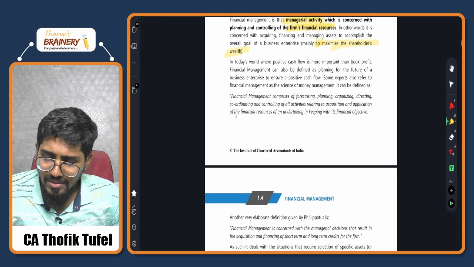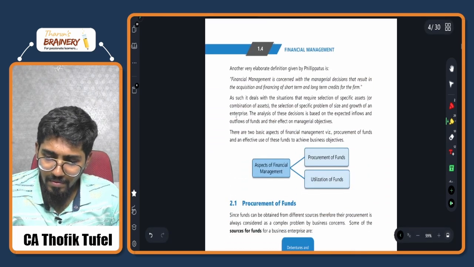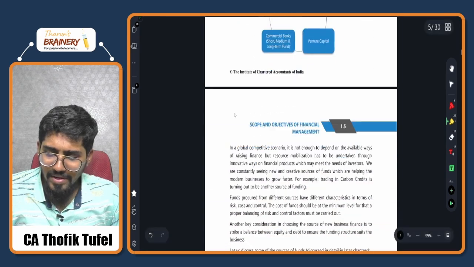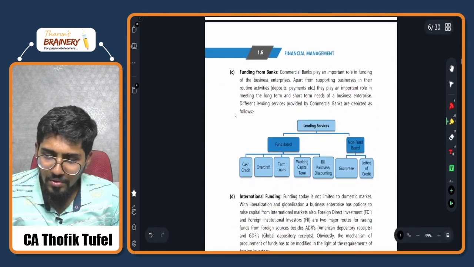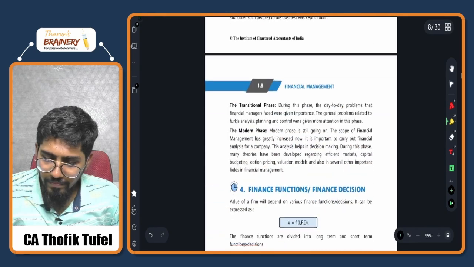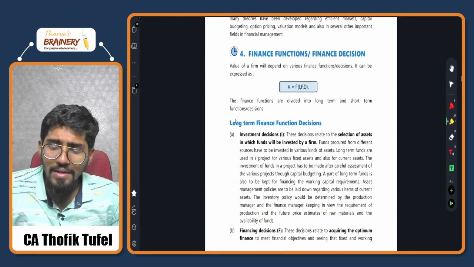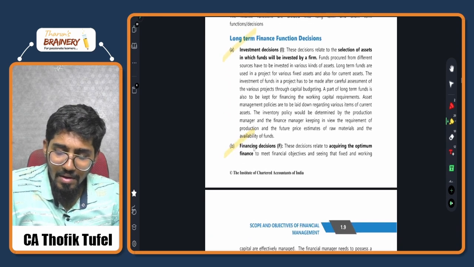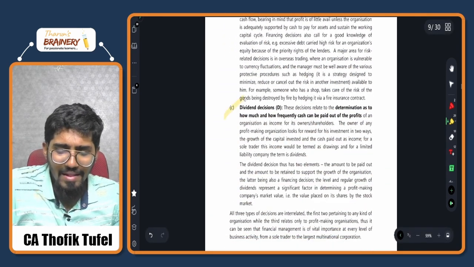Next one. I already told you aspects of financial management. The next discussion that we are going to make is how many types of decisions are there. Investment decision, financing decision, and then dividend decision.